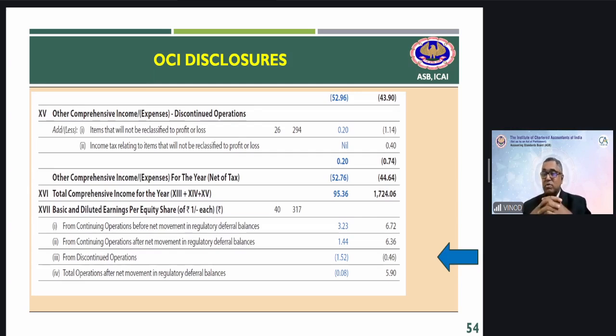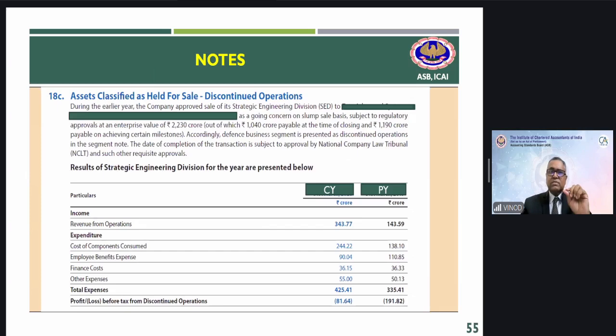So PNL has got huge disclosures. PNL from discontinuing operations, OCI from discontinuing operations, EPS, earnings per share from discontinuing operation. Three disclosures coming in the PNL. You have to reclassify the previous year also. Only then you will get a very good picture of continuing operations and discontinuing operations.